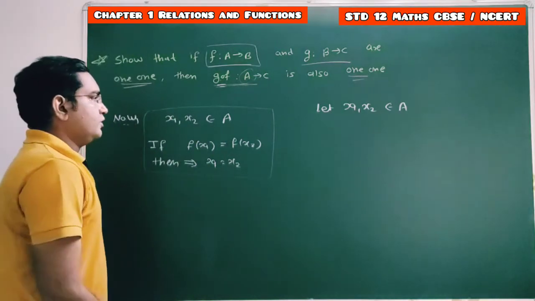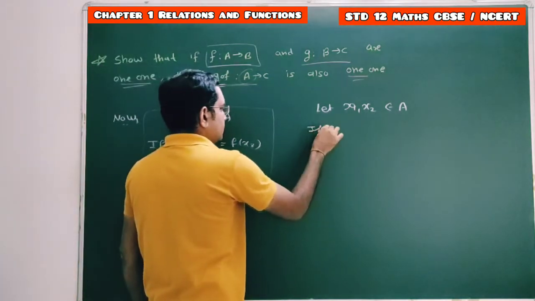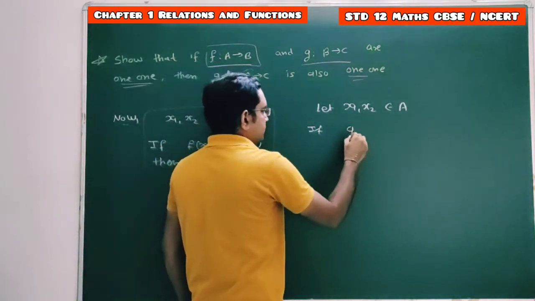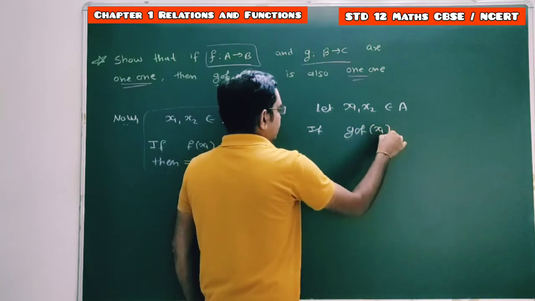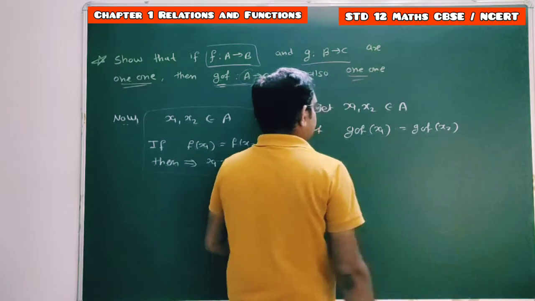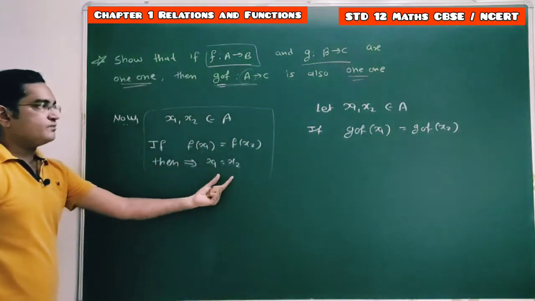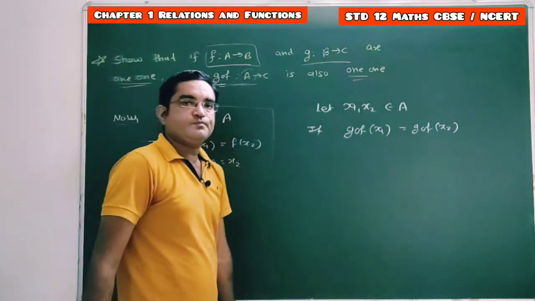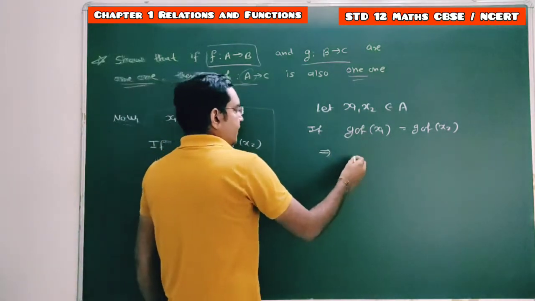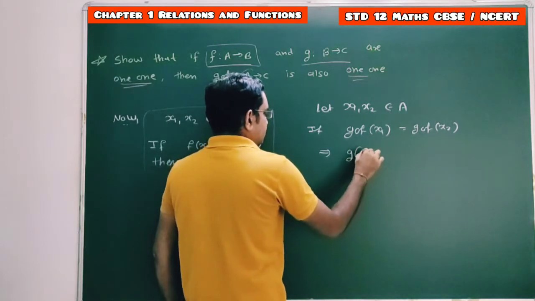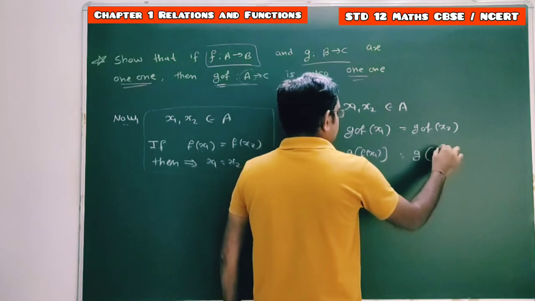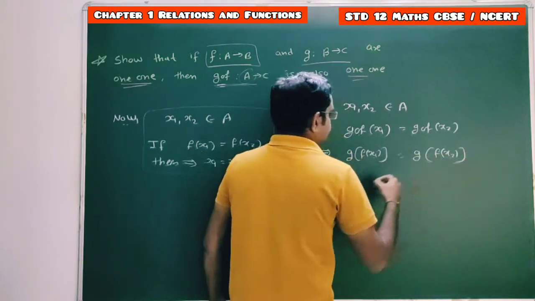Now if we can prove that gof of x1 equals gof of x2 implies x1 equals x2, we can say this composite function is a 1-1 function. Now this gof of x1 can be written as g of f of x1 equals g of f of x2.